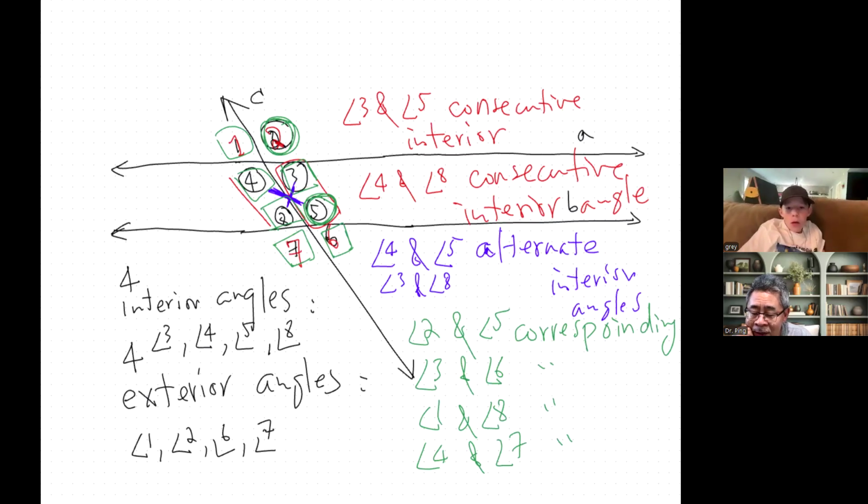Consecutive exterior is this angle and this one. Both are outside, exterior, and on the same side of the transversal. So 2 and 6 are consecutive exterior angles.